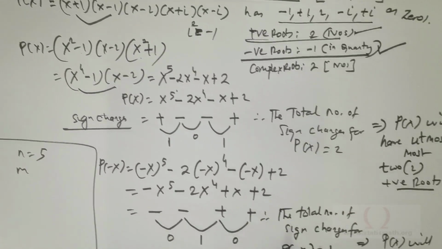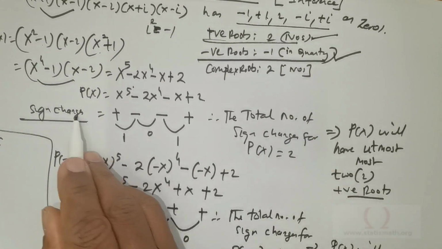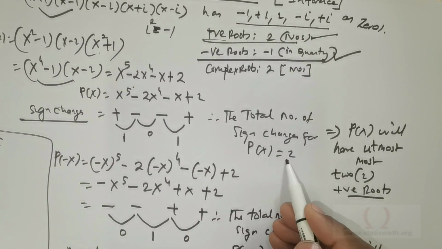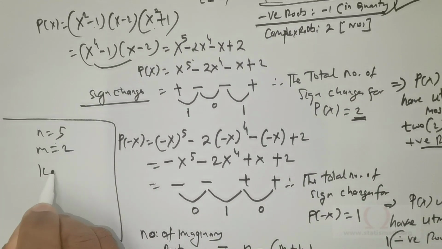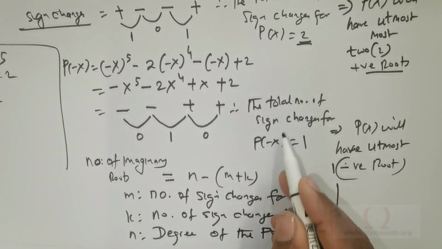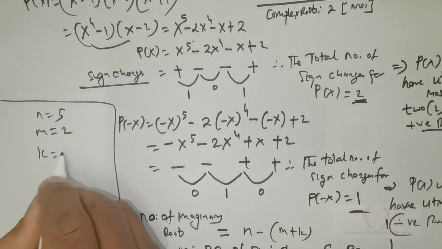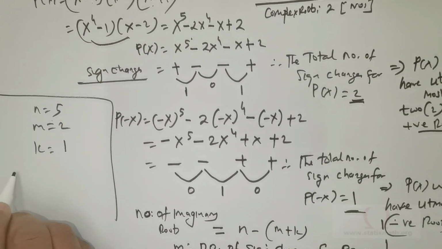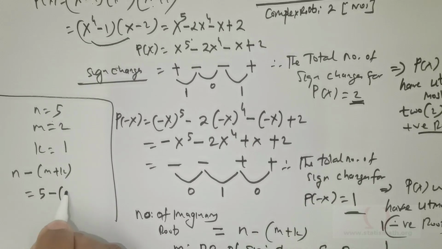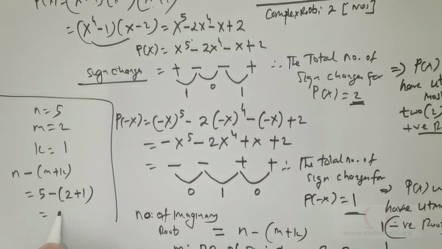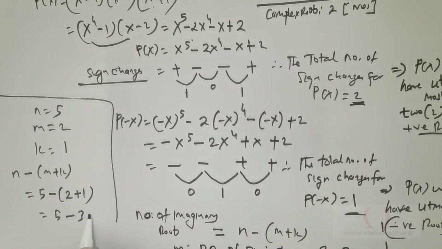The total number of sign changes for p(x) is 2, so m = 2, and k, the number of sign changes for p(−x), is 1. So n − (m + k) is going to be 5 − (2 + 1), which is 5 − 3, which is equal to 2.